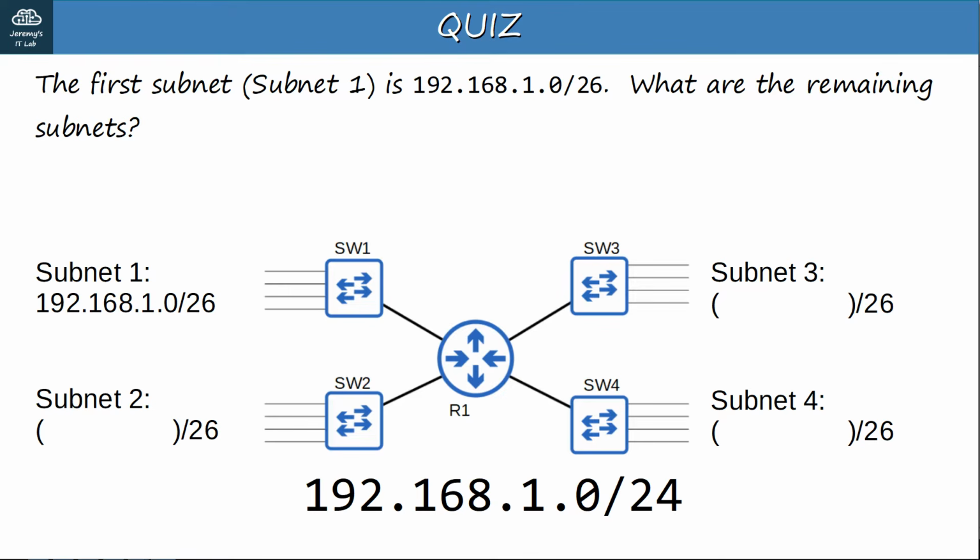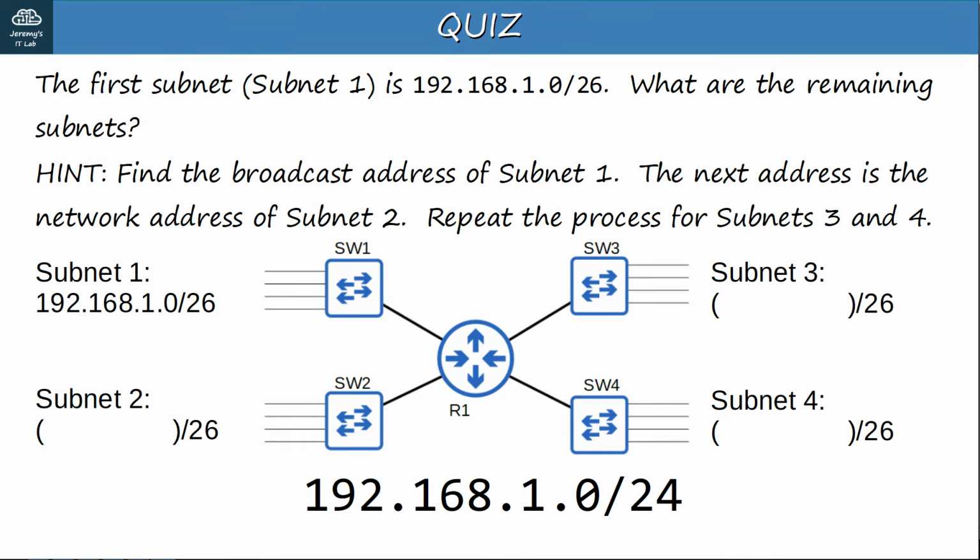If you don't remember how we determined that /26 is the correct size, take a minute to review the end of the last video. So I asked you to find the remaining subnets. I also gave you this hint. If you find the broadcast address of subnet 1, the next address after that will be the network address of subnet 2.